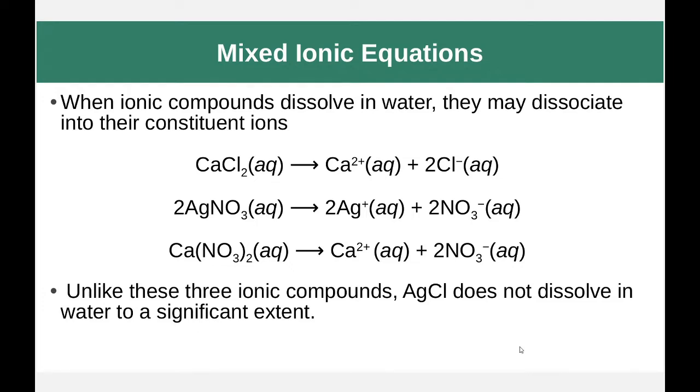When the ions are in the aqueous medium, they actually dissociate. They break up into their ions, and then they're surrounded by the water molecules, which are able to stabilize those solutions. So calcium chloride will actually break down into one calcium 2 plus ion and two chloride minus ions, and so on and so forth throughout the whole thing, or other compounds.